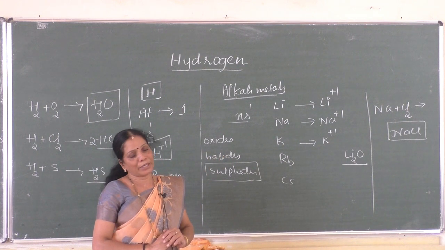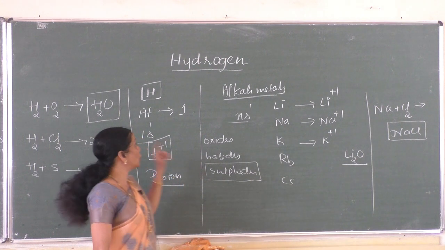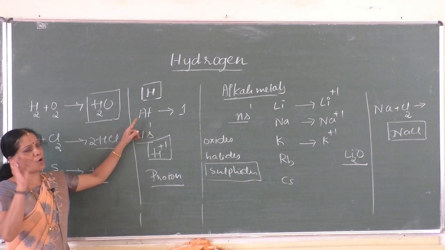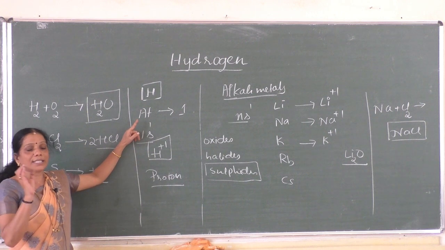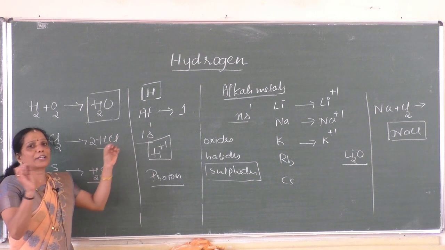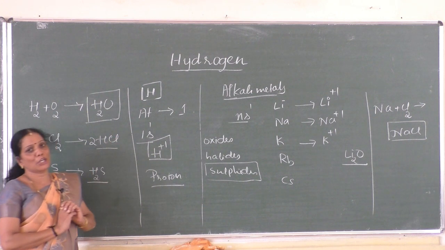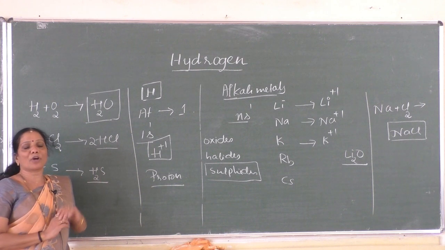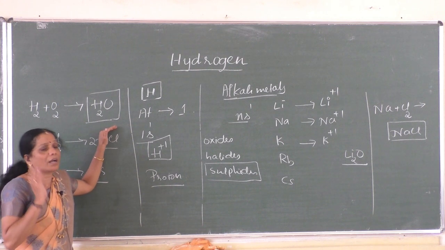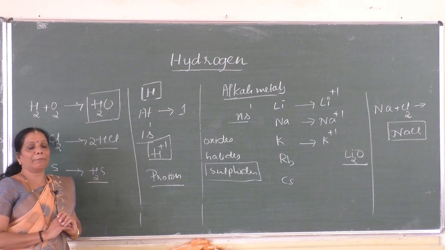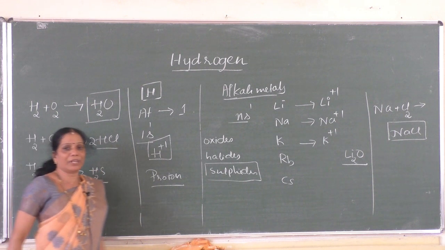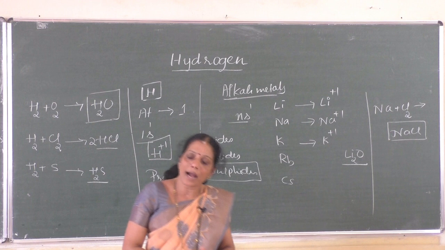Alkali metal. But hydrogen, even though it contains a single electron and is a small-sized atom, the electron is very, very close to what? Nucleus. Ionization enthalpy of hydrogen is very, very high compared to alkali metal. That is another difference between hydrogen and the alkali metal.